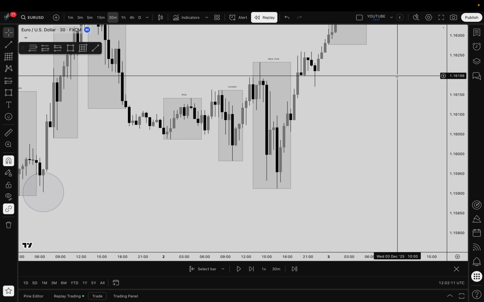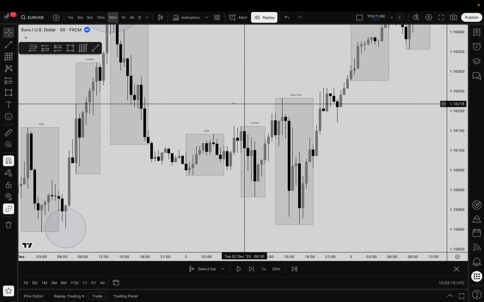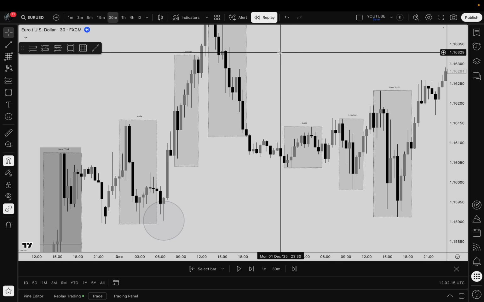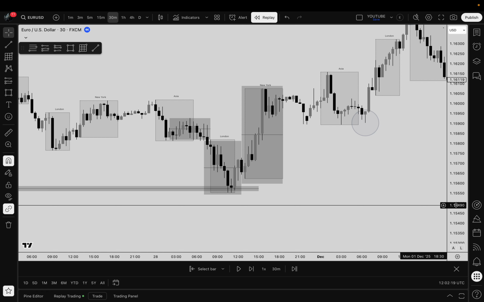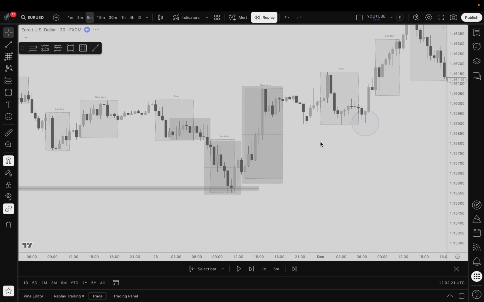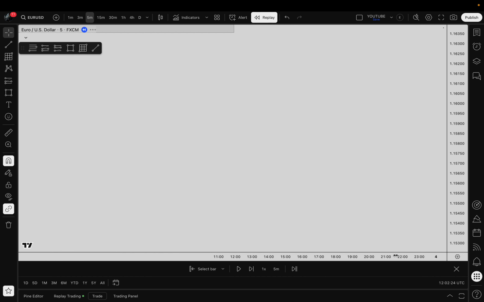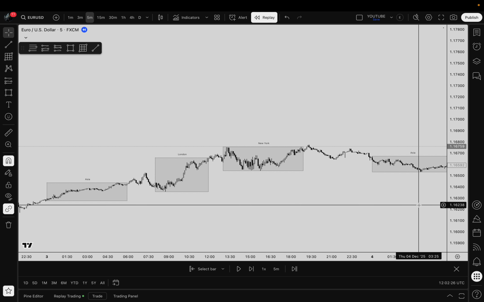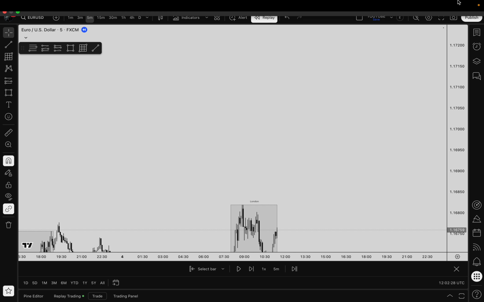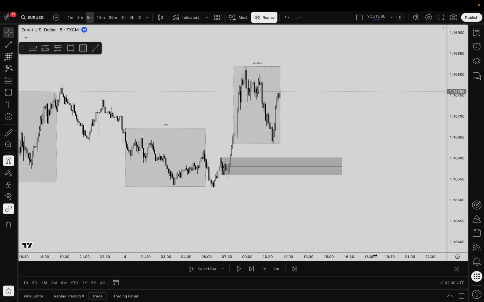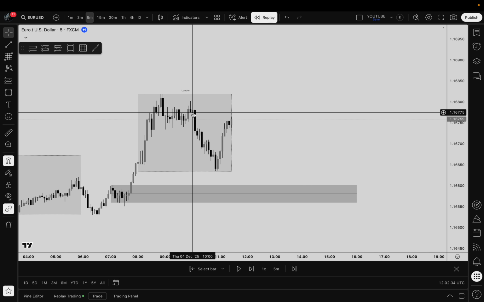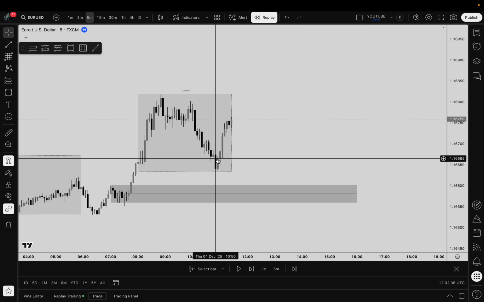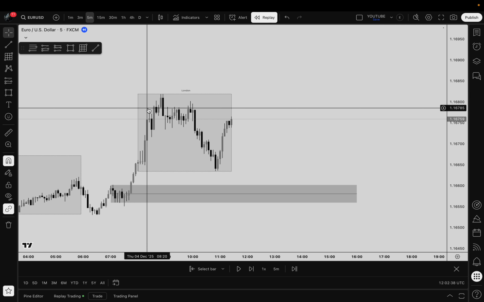I was trying to see if I can find any examples of this. They present themselves quite a lot on multiple different time frames. Let me actually use the 5-minute, we'll see a lot more of this going on. So if I go on here, this is the last bullish candle before a bearish move occurs.